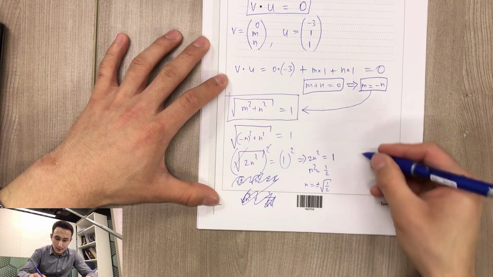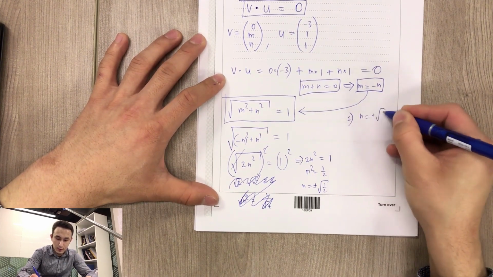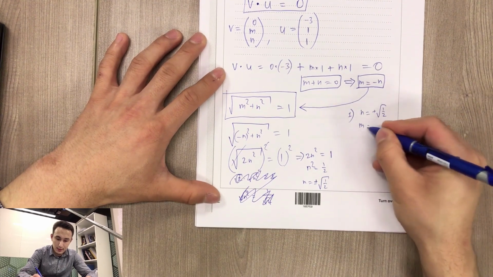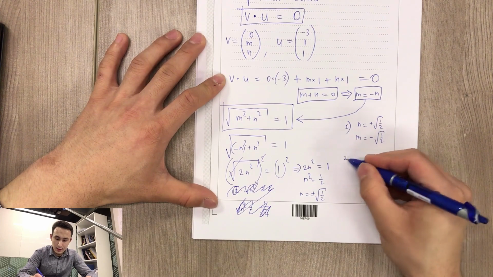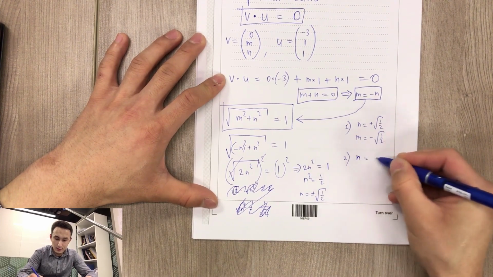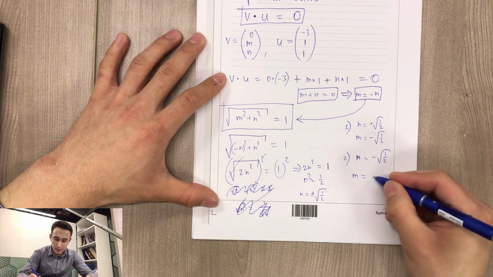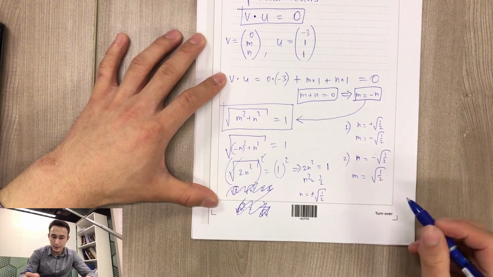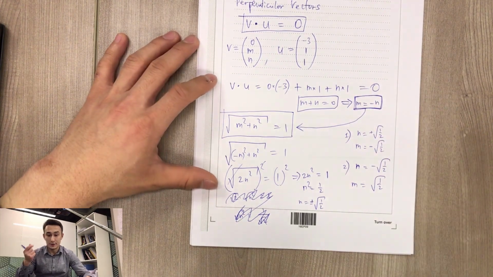So the first case is when n is equal to positive 1 over root 2. That means m is equal to negative 1 over root 2. Second case, when n is equal to negative 1 over root 2, m will be equal to positive 1 over root 2. That's all because m is equal to negative n. They're just the opposite sign of each other.